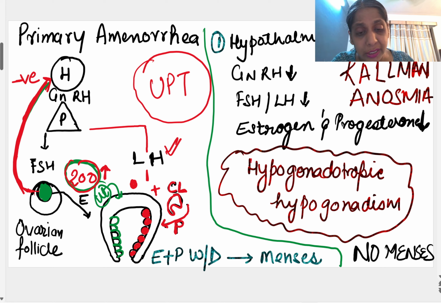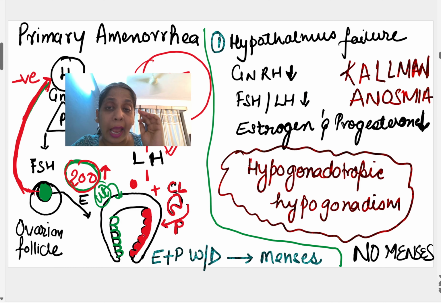Now we were studying primary amenorrhea. So this all happens at puberty, and this cycle keeps on going. When the progesterone level falls, then again the FSH rises up and the next cycle starts. Now what if the hypothalamus fails?